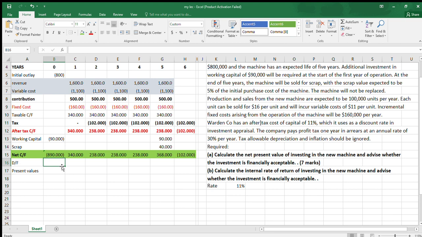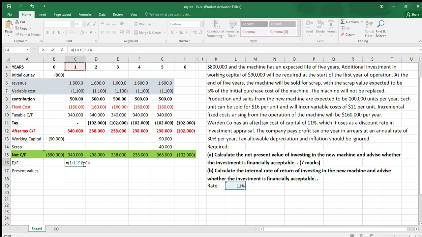So the discount factor is calculated as 1 over 1 plus the rate. The rate is 11%. Exponent, the number of years, but it should be negated, that is exponent negative the number of years, which is C4, that is year 1.